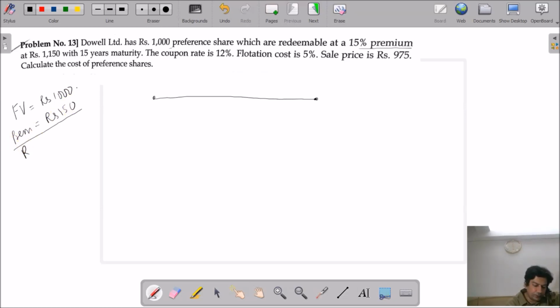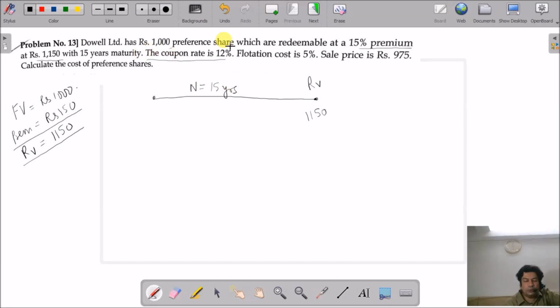So the redemption value is 1150 rupees, which they have already mentioned here at a 15% premium at 1150. So redemption value we know, 1150.